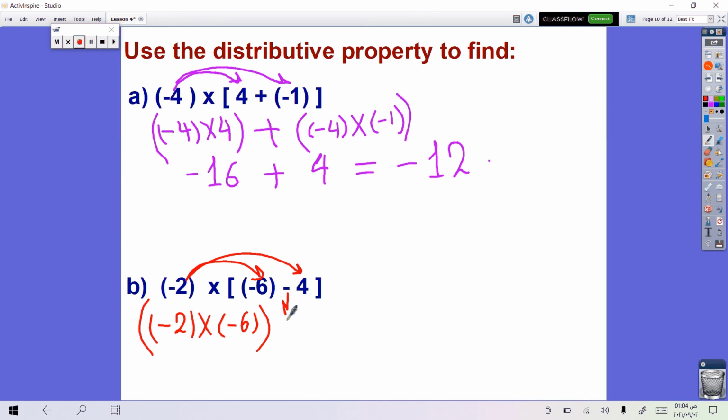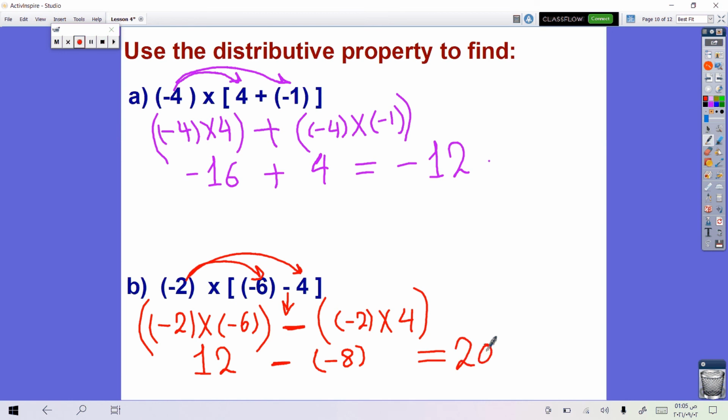You will drop down the minus sign and then multiply negative 2 by 4. So here negative 2 by negative 6, you get 12, minus negative 2 by 4, you get negative 8. So 12 minus negative 8 will be equal to 20, which is the result.